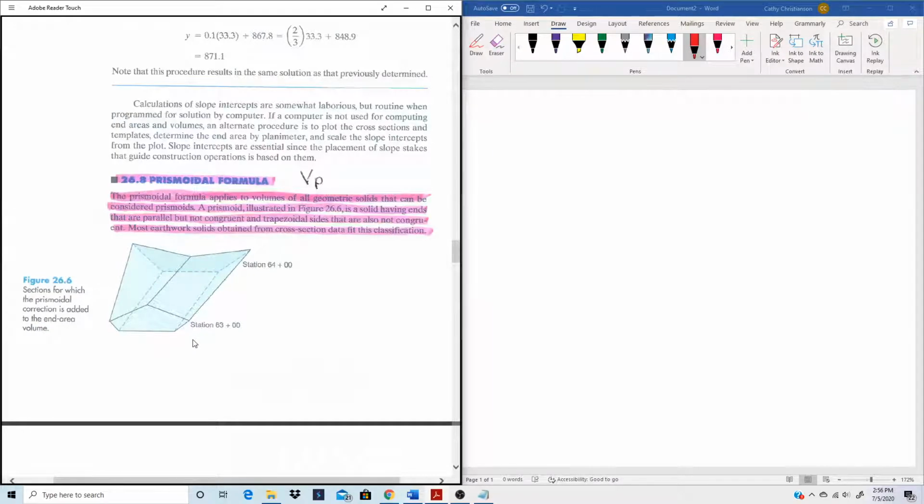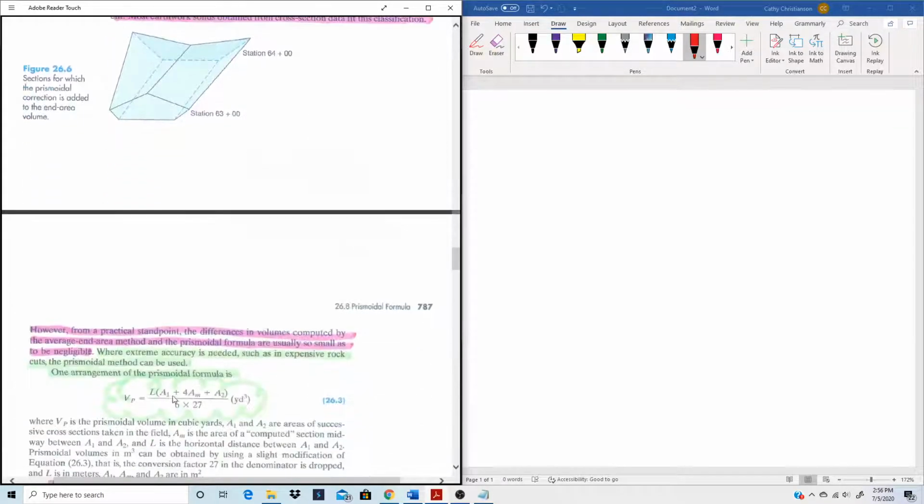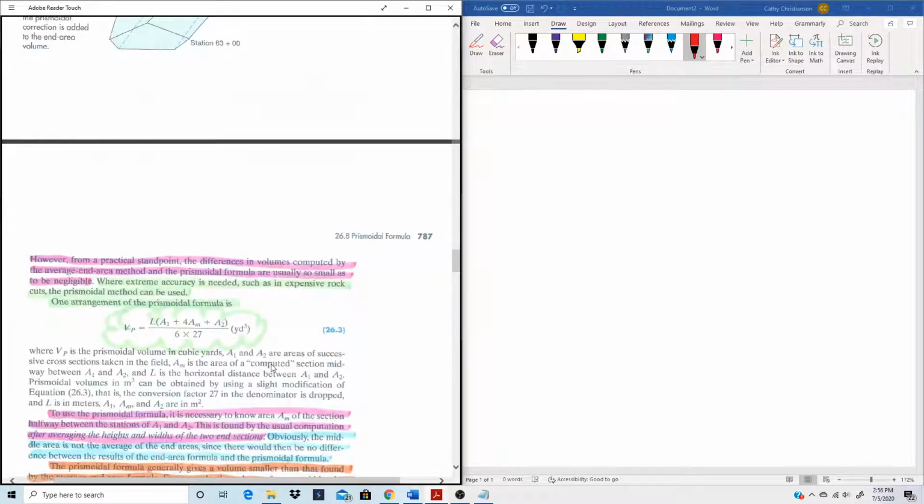So for this particular one, it would be 100 feet. If I have an area in the middle, which is usually at 63 plus 50, don't misconstrue that and put 50 feet. It's from outside station to outside station. Your area 1 and area 2, the L is between there.